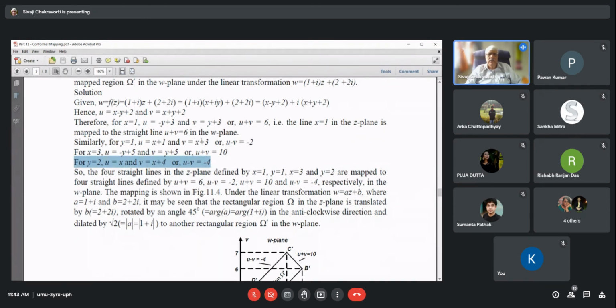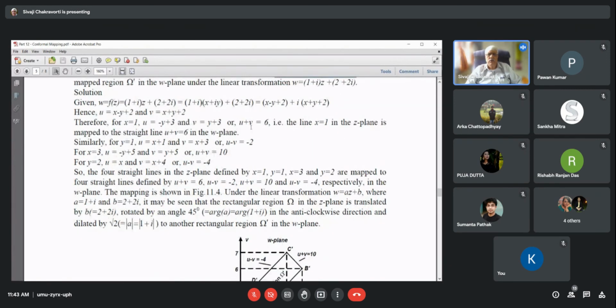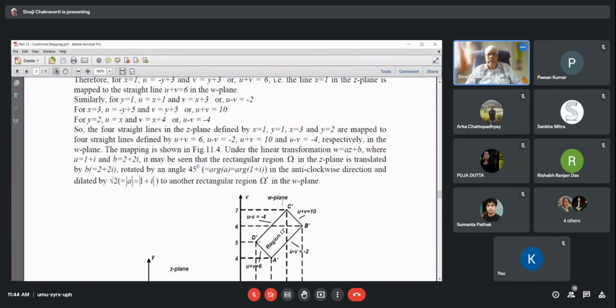So these four straight lines, x equal to 1, y equal to 1, x equal to 3, y equal to 2, define a rectangle. They are mapped to four different straight lines, and if I plot them on the w plane, you can see that I have this region capital omega prime, where these are the four bounding straight lines, whose equations I have already obtained.